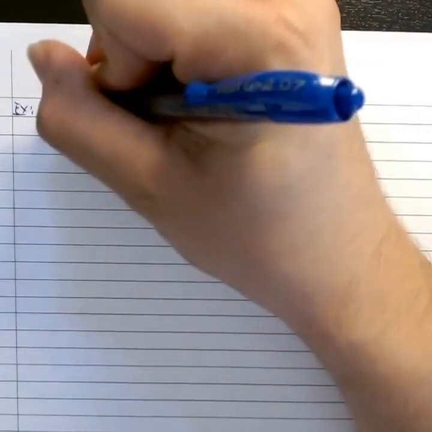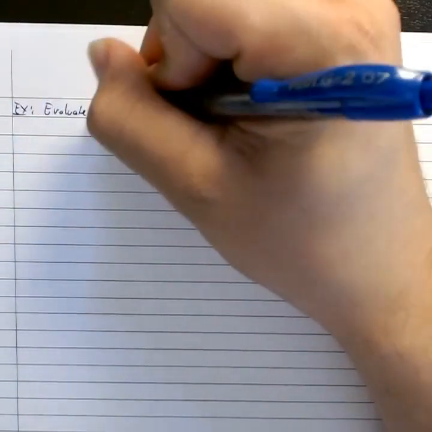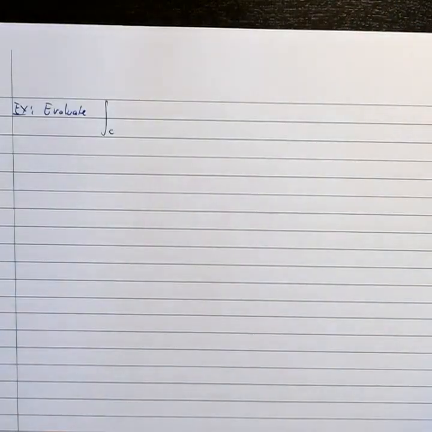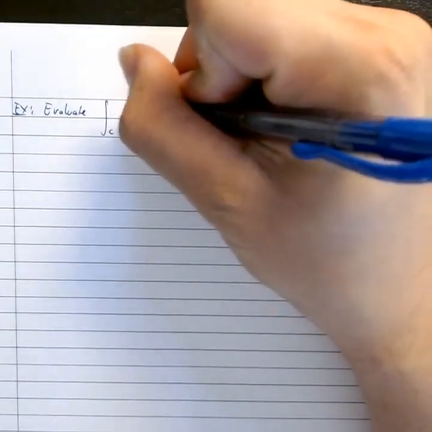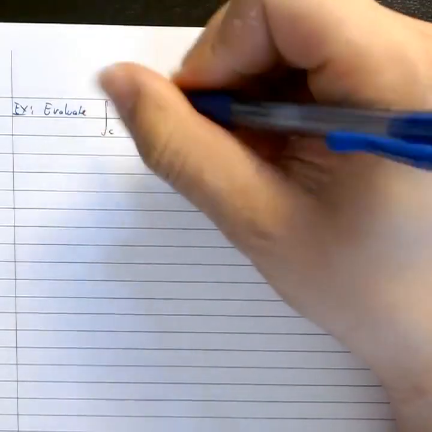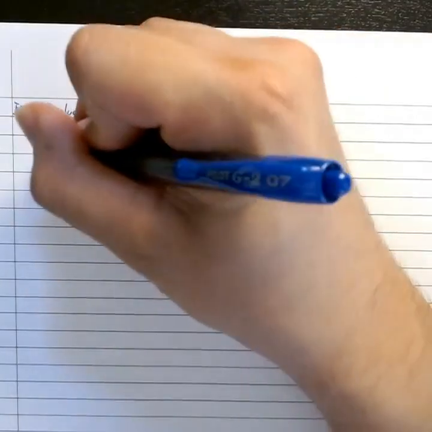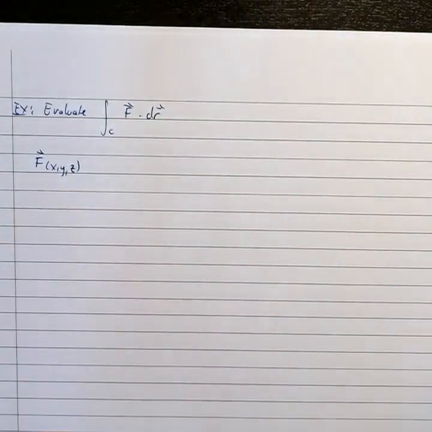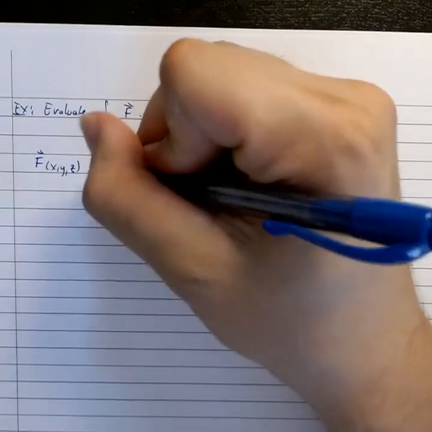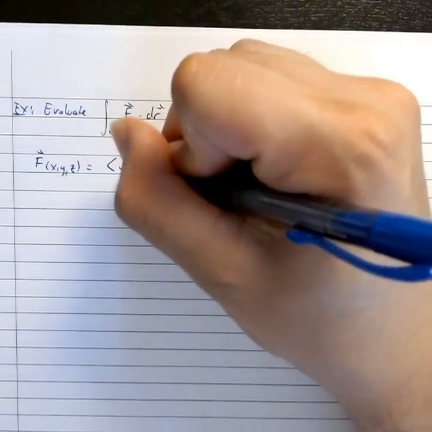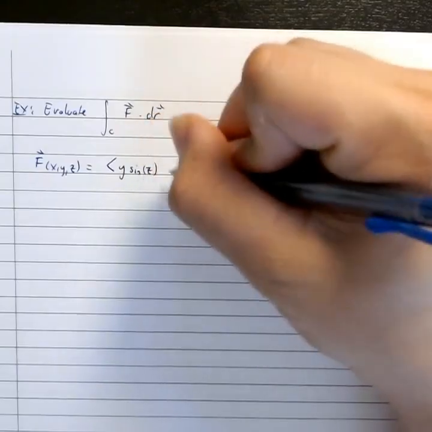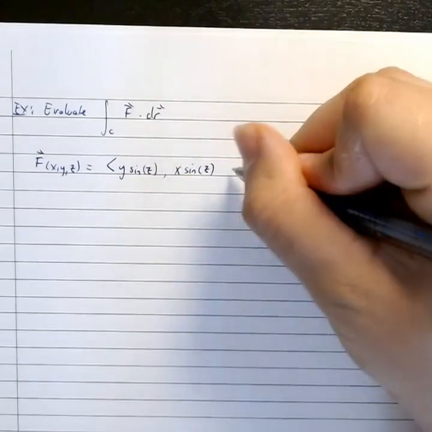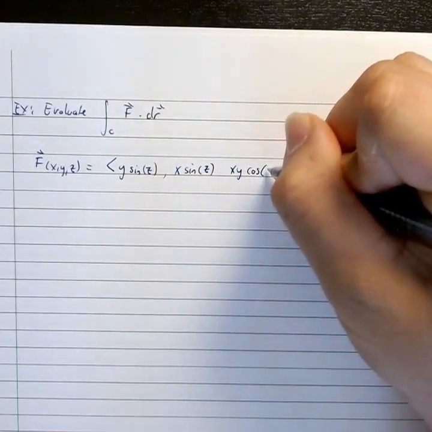Let's go ahead and evaluate the line integral over the contour C of F dot dr. Here they don't give it to us in differential form. They just tell us that F at x, y, z, a vector field in 3 variables, is given by the vector y sine of z, x sine of z, and xy cosine of z.